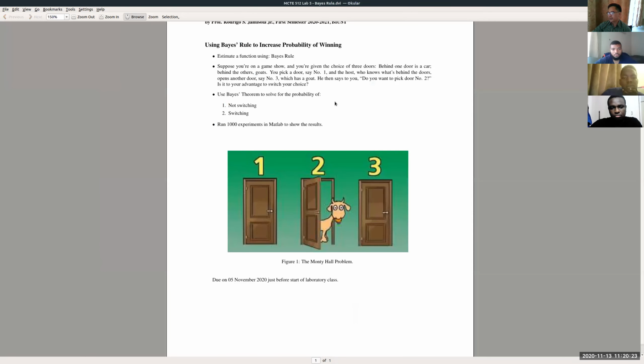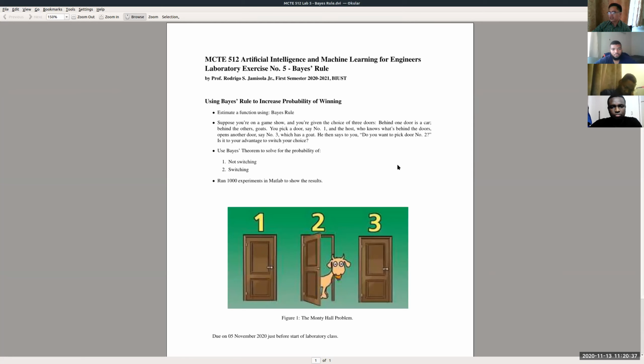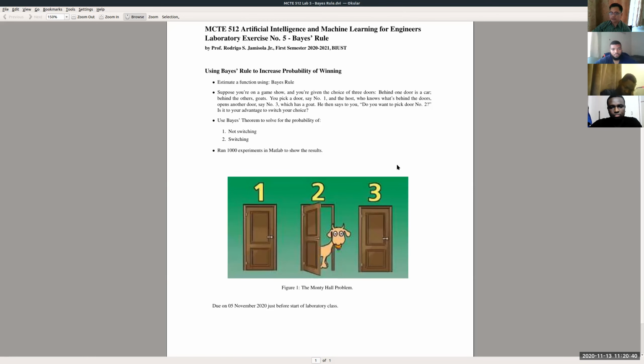Okay. So again, the problem is that we have three doors, and two doors contain a goat and one door contains a car. There's a guy, the host, Monty Hall, who knows where the car and the goats are. The person will try to choose, of course, to win the car. Once the person chooses one door, it remains closed, and then the host will open one door for the player, and that door has a goat.